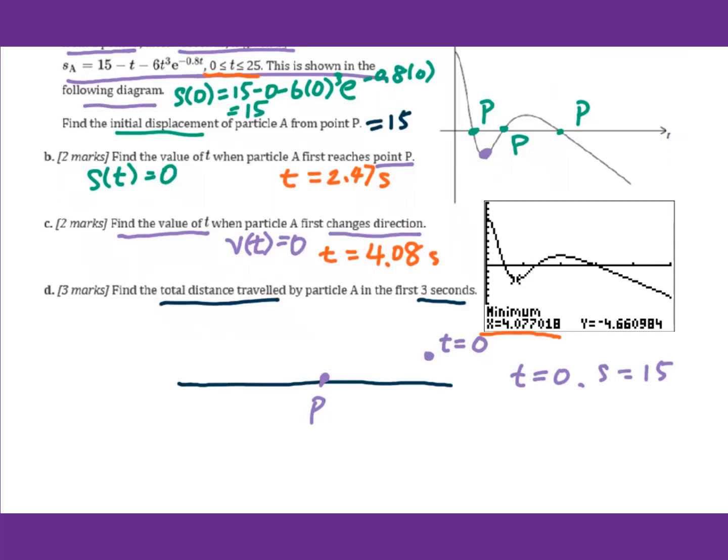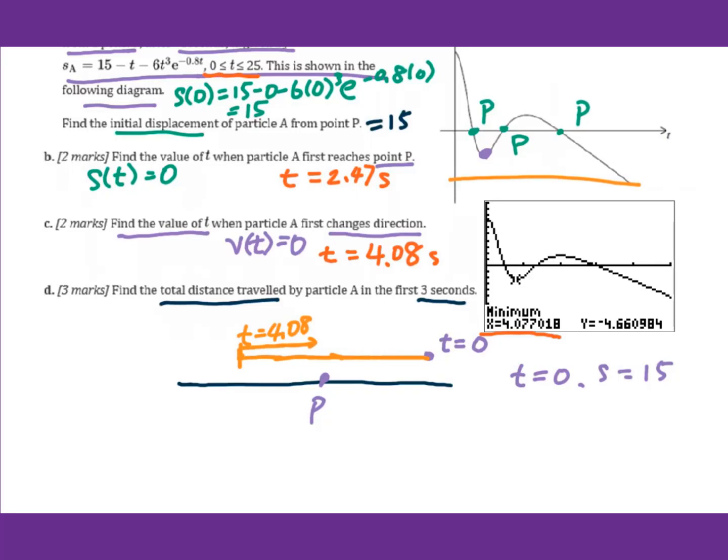Then according to the given graph, it's moving to the origin, going until t equals 4.08. They stop. Then they will go back.